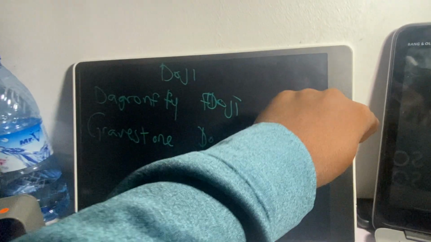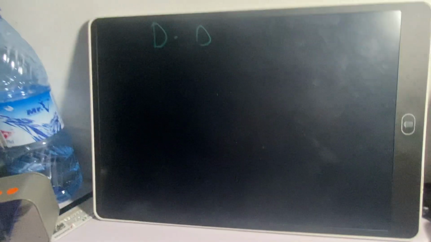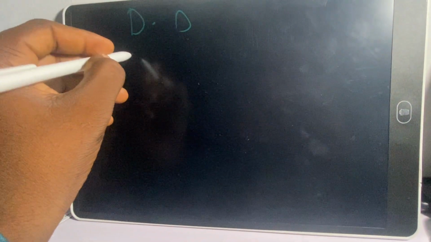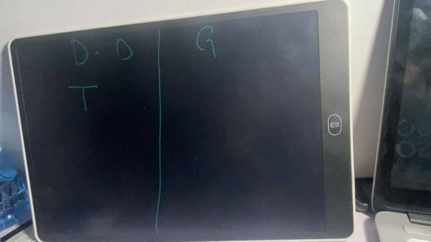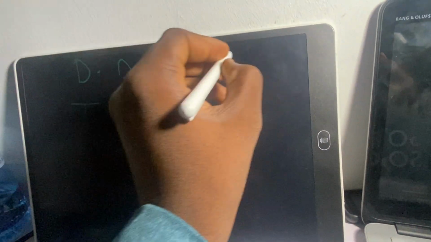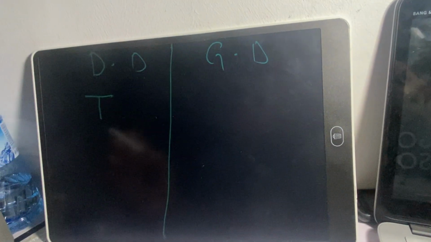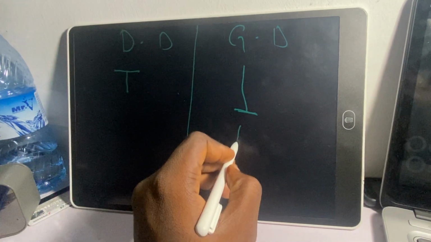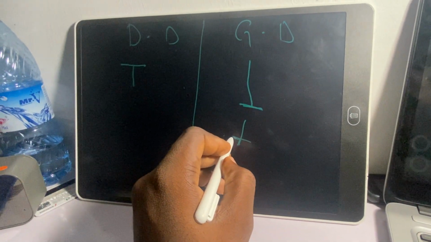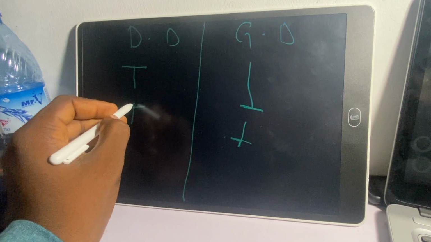Let me explain it. The dragonfly, which we just write as DD, the dragonfly doji. Yeah, this is how to draw it. The dragonfly doji. The gravestone doji is like this. Probably this.